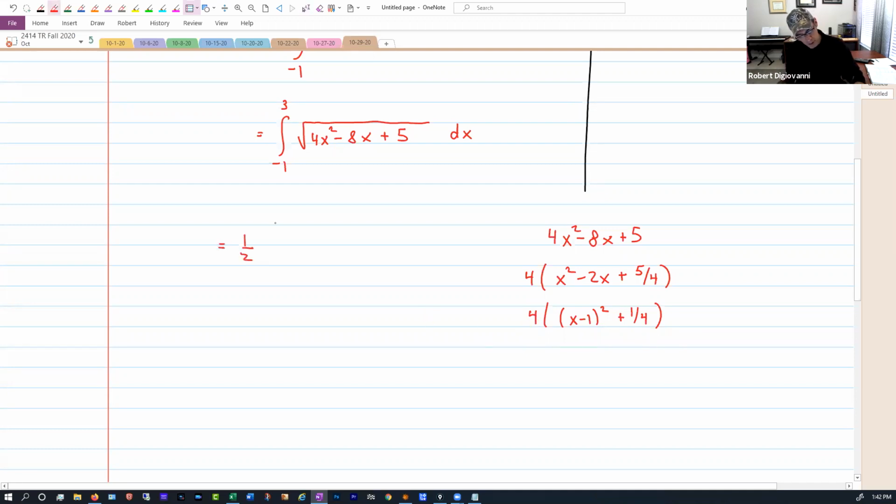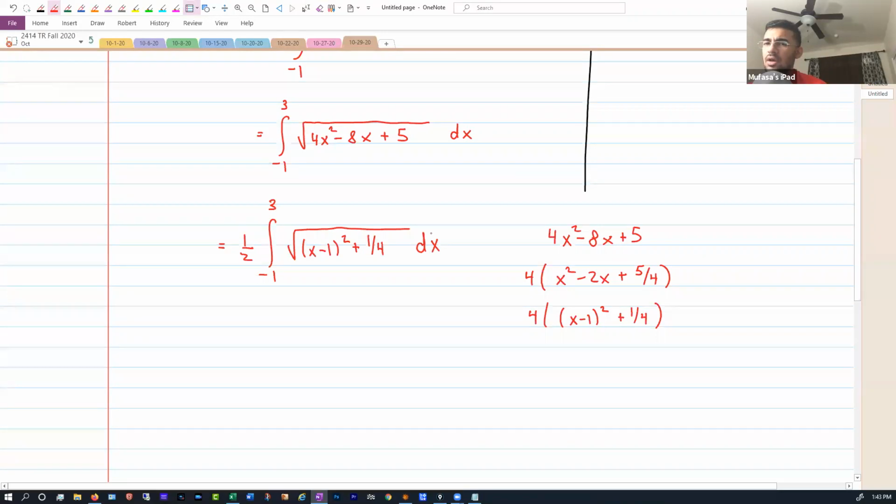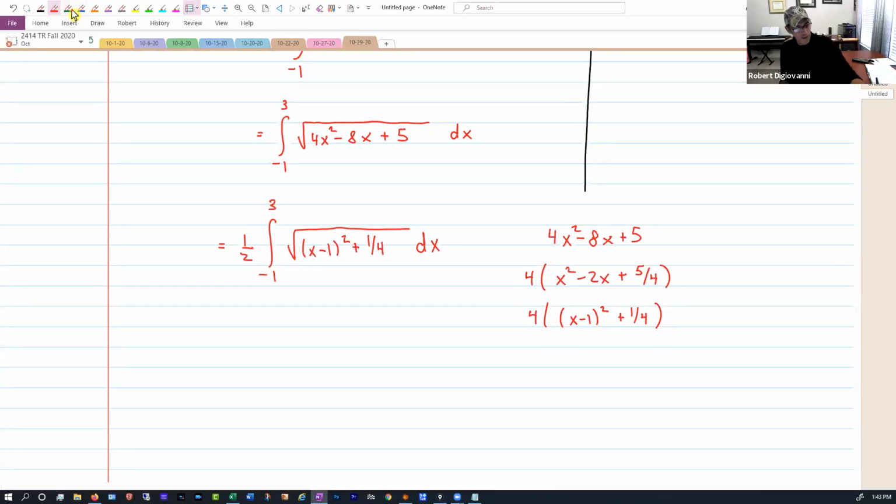Integral negative 1 to 3 of the square root of x minus 1 squared plus 1/4 dx. How did you get the 1/2 again? Everything here is going to wind up going under a square root, right?